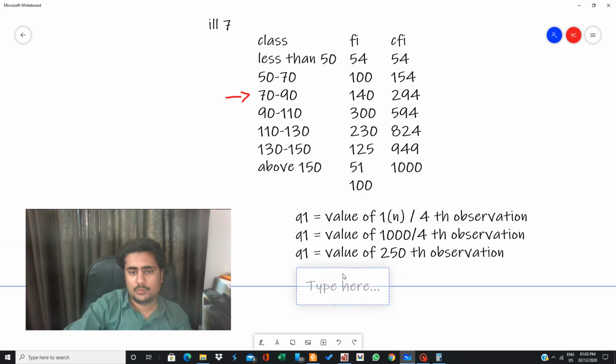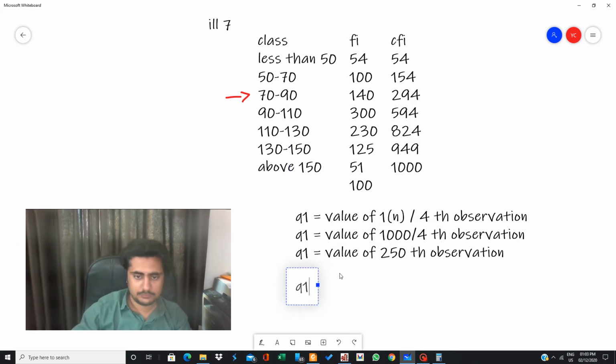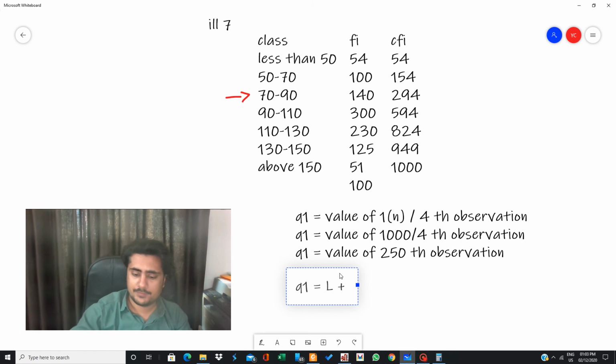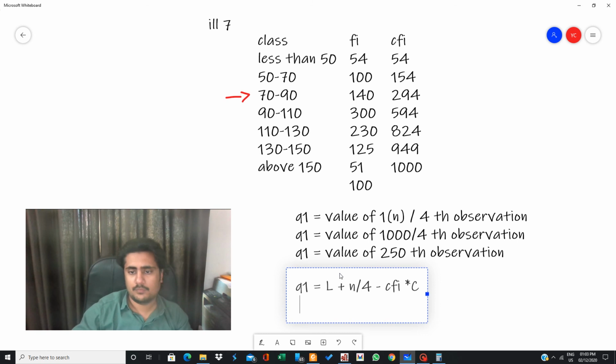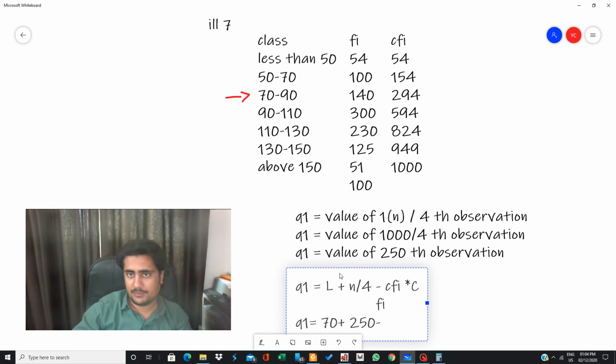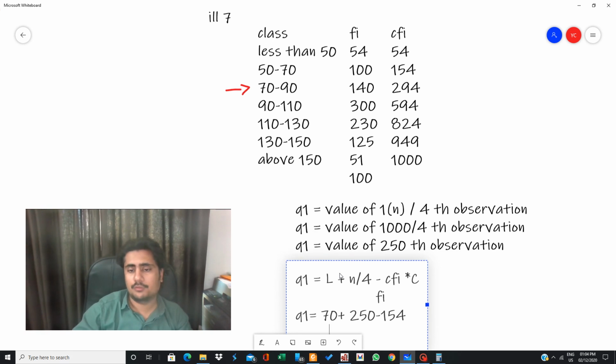So Q1 will be L plus N by 4 minus CFI upon Fi into C. So basically my Q1 is L, that is 70, plus N by 4, 1000 by 4, that is 250, minus CFI 154, upon Fi into C. What is C? C is the class length, that is 20.